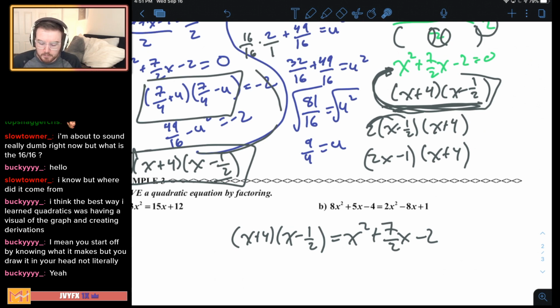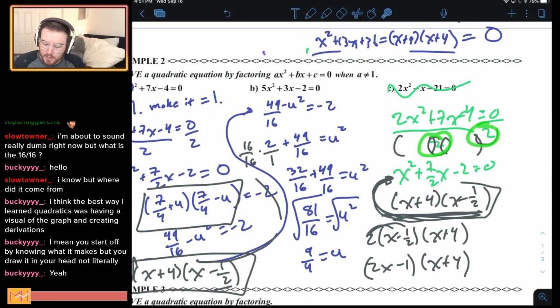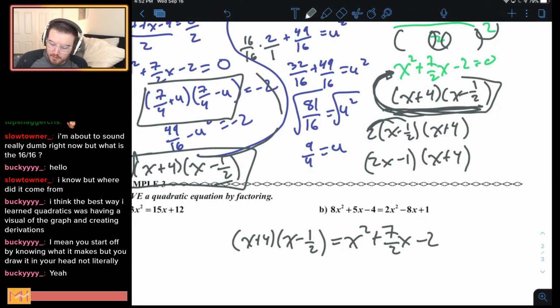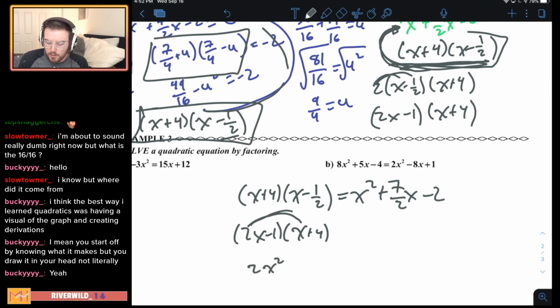Gotcha. So this thing is this, but like I said, we divided by 2 to get to this point. Let's put the 2 back in there and check this out. 2x minus 1 times x plus 4. 2x times x is 2x squared. 2x times 4 is 8x.